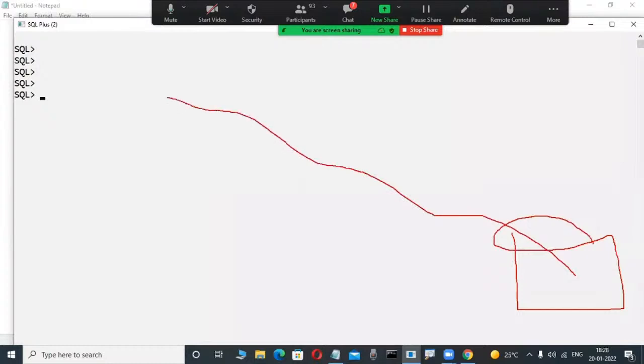How do they fetch this data? They write queries. These are called queries.